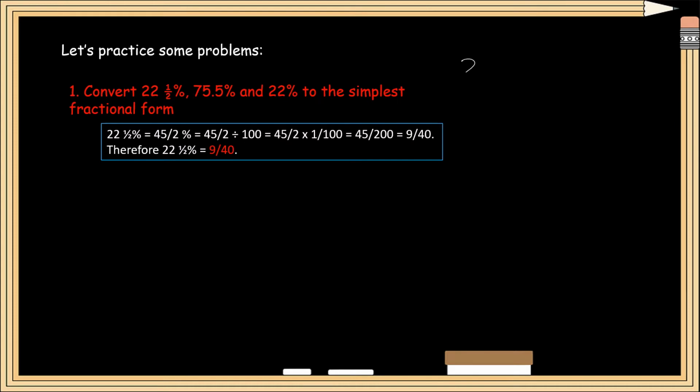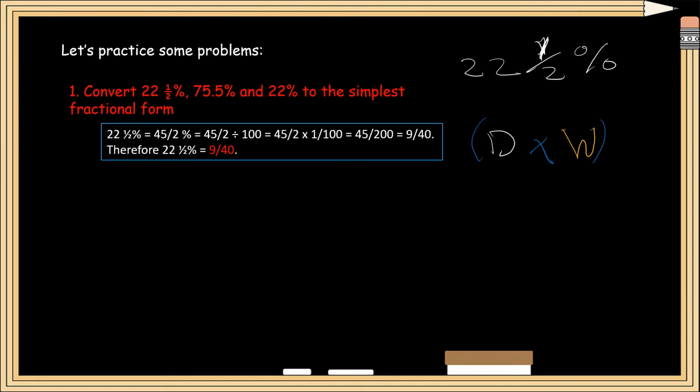and here's the explanation. So we have 22 and a half percent. Now we have to convert it into an improper fraction. The formula is: you take the denominator multiplied by the whole number, this should be in brackets because this is what we do first.